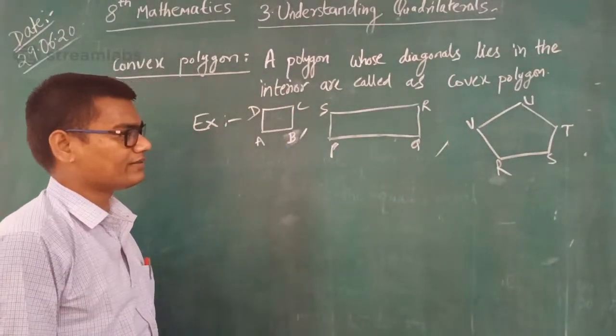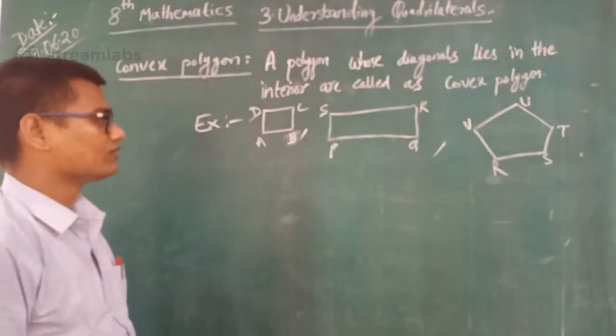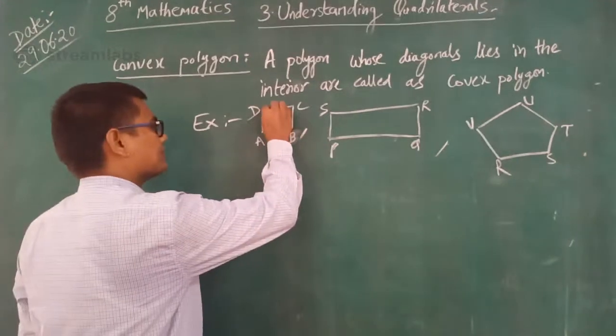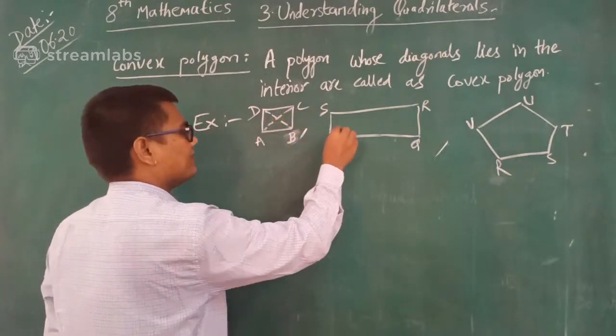In all these three polygons, the diagonals lie in the interior.